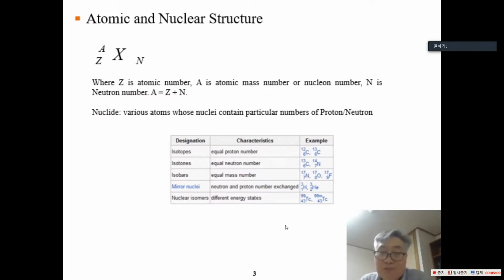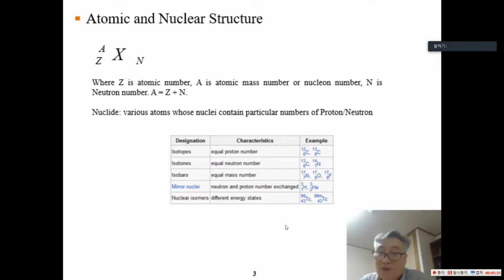And mirror, mirror means a mirror. Neutron and proton number are exchanged. So in tritium, we have one proton and two neutrons. So in helium-3, we have two protons and one neutron. This is mirror. A nuclear isomer.